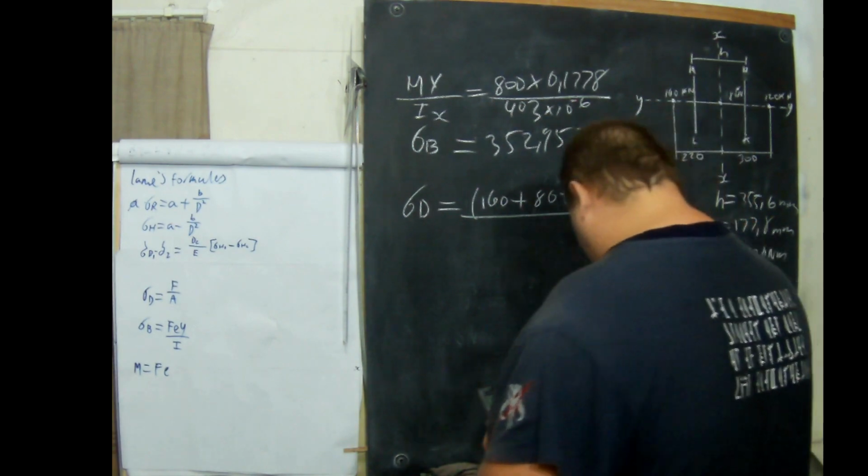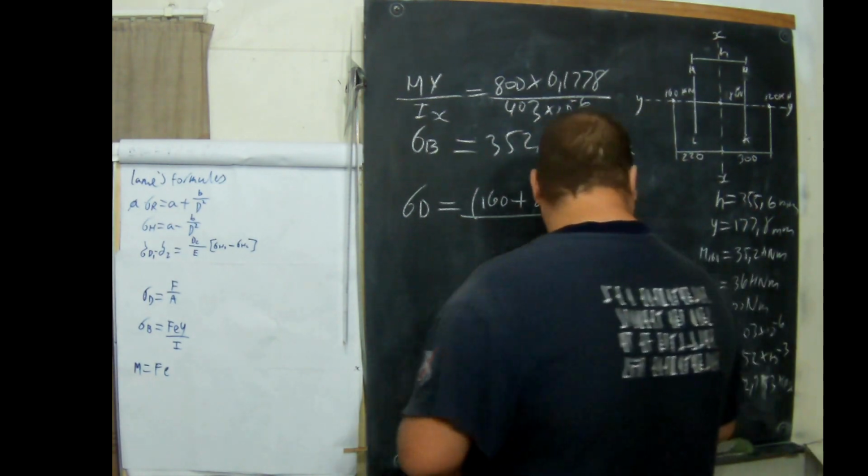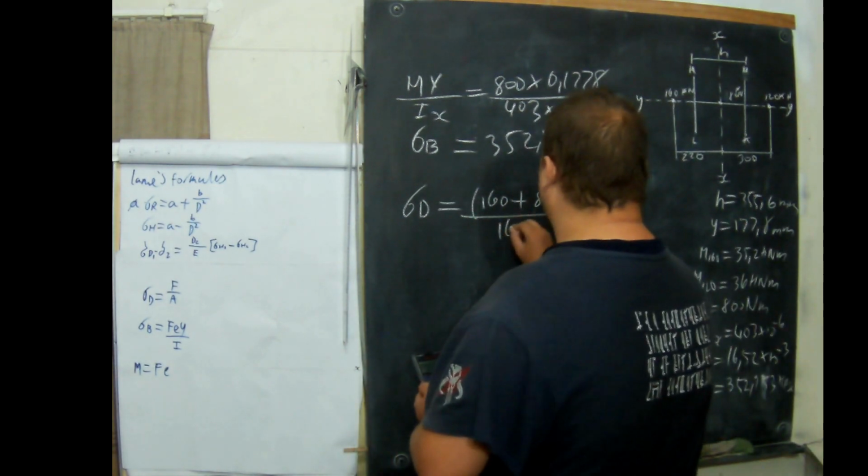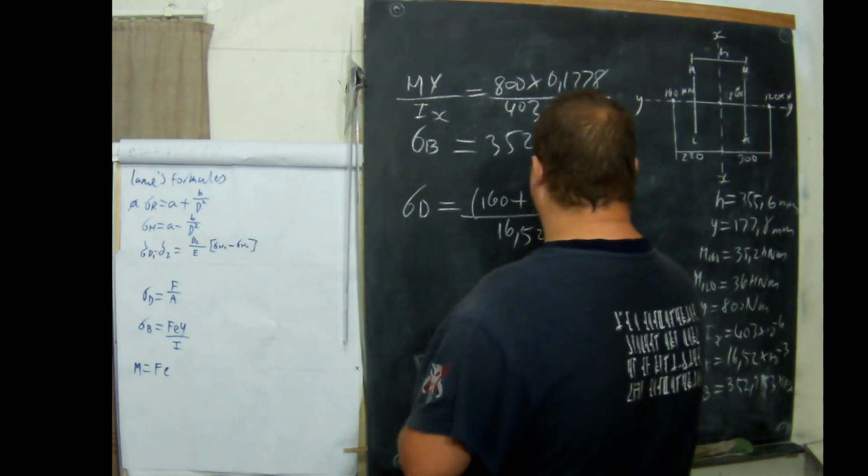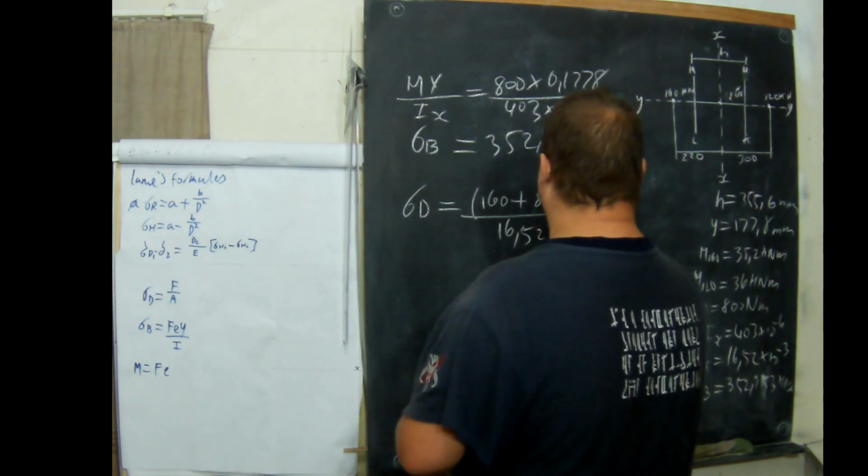Those are all forces acting over the area, which is 16,52 times 10 to the minus 3.